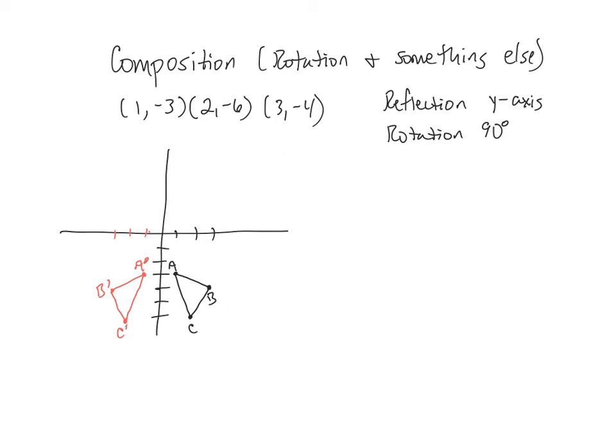Now, you don't technically have to, but it's the best option. I would write down the new coordinates. So the A prime is -1, -3. The B prime is -3 and -4. And the C prime is -2, -6.